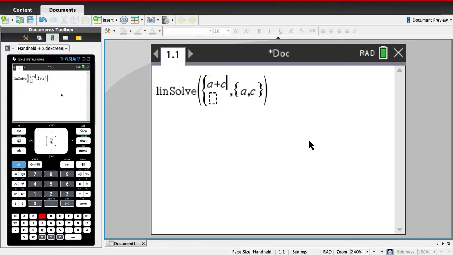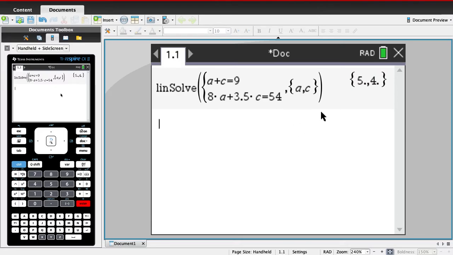So a plus c equals 9. 8a plus 3.50c equals 54. And a is equal to 5, c is equal to 4, so we purchased 5 adult tickets.